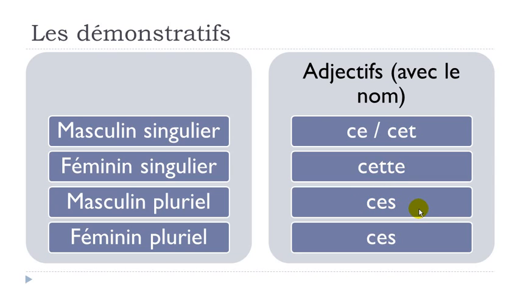Okay, and then feminine plural, good news, it's the same. So we've got one form here, ce, and the option cet when you've got a noun starting with a vowel after, and then cette, feminine form, and for the plural you've got only one form, okay, and it's ces. Okay, remember, ces.